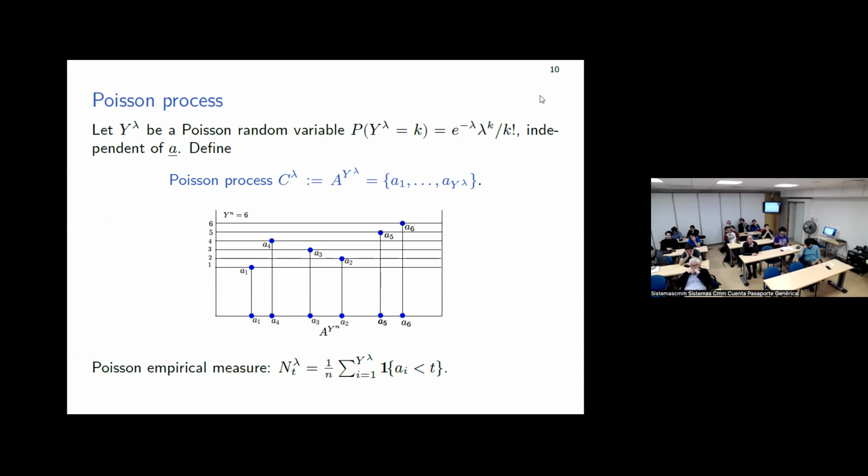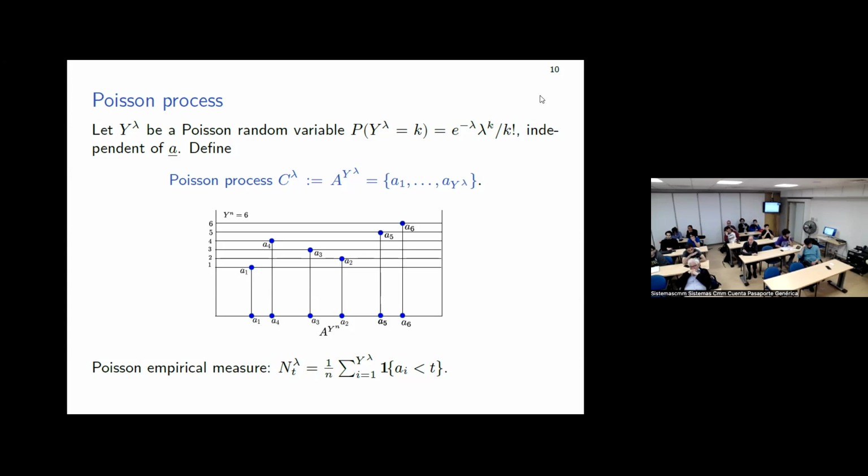Then the Poisson process, which I will call C_lambda, will be A of Y_lambda. A was the Bernoulli process, but now with a random number of points, and this random number is Poisson, so it will be A_1 to A_{Y_lambda}.